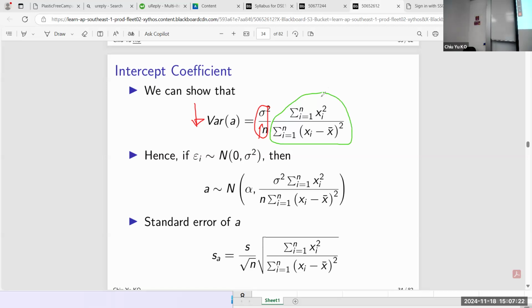You can imagine if your data is very concentrated at x, then it's possible it can be positive or negative a lot of the time. But if x is very separated, it can't go negative that easily. So the variance is much smaller. I offer the explanation, but you don't need that. This is the formula I just tell you. And why do I need this formula? Because you see it in the book, or they don't prove it anyway, but this is the formula. You can show it.